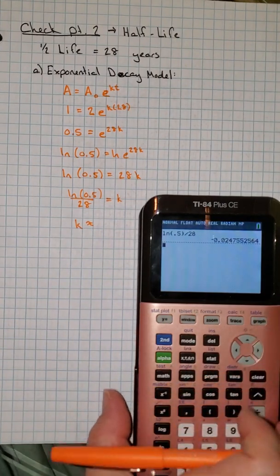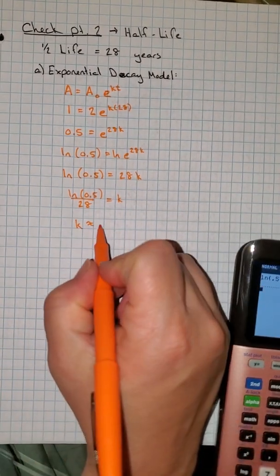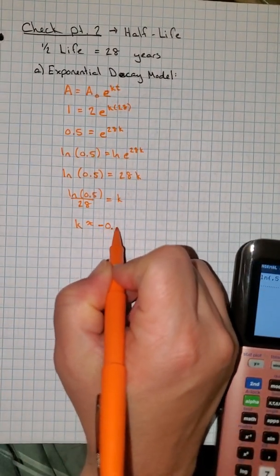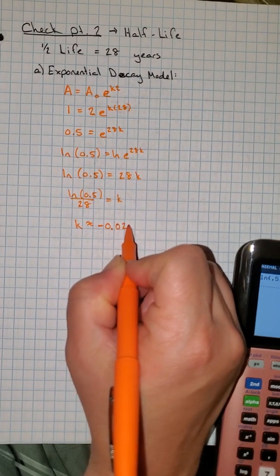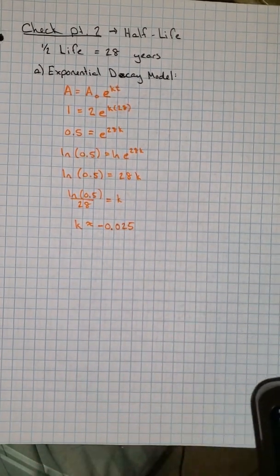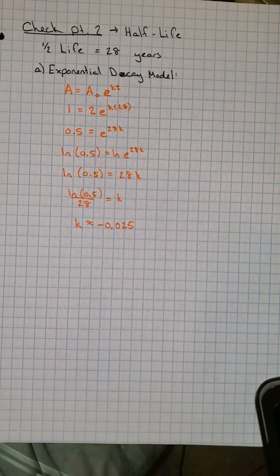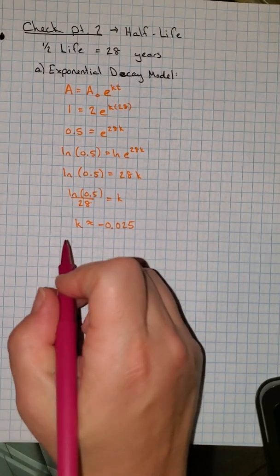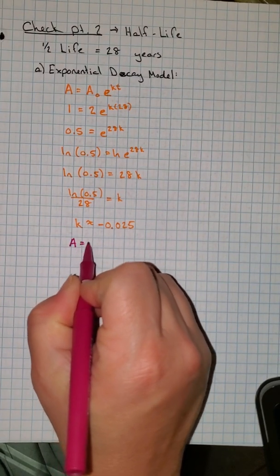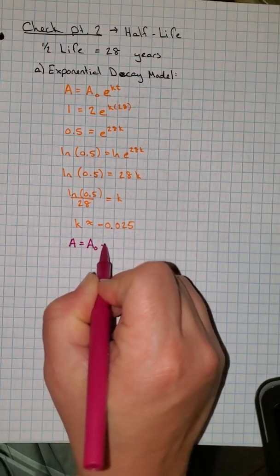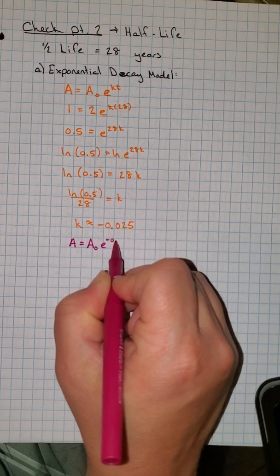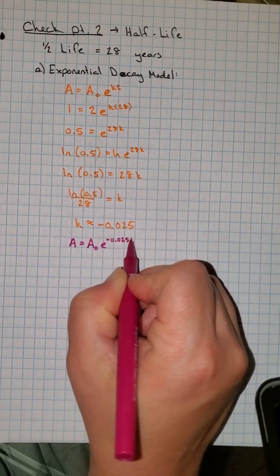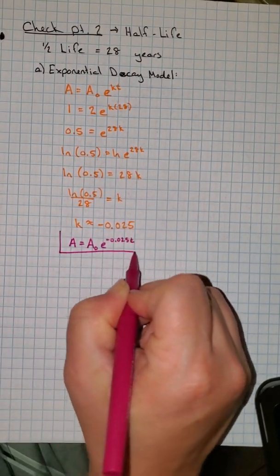And so k is negative since it's decaying. So let's say negative 0.025. Okay, so our actual model, remember that's just the k, that's not the actual model. The actual model would be A equals A sub 0 e to the negative 0.025 times your amount of time.